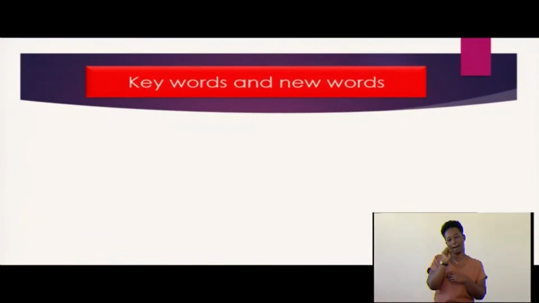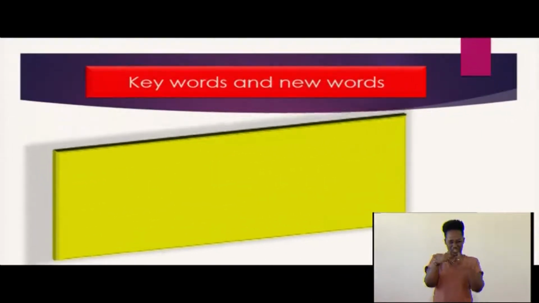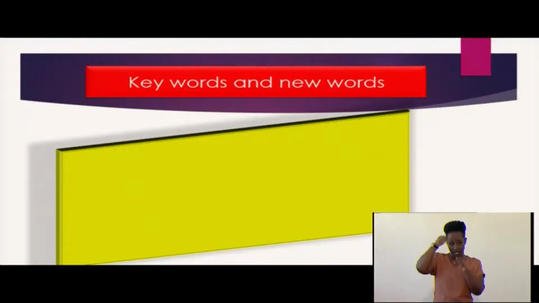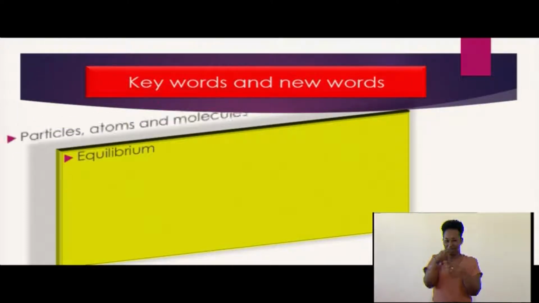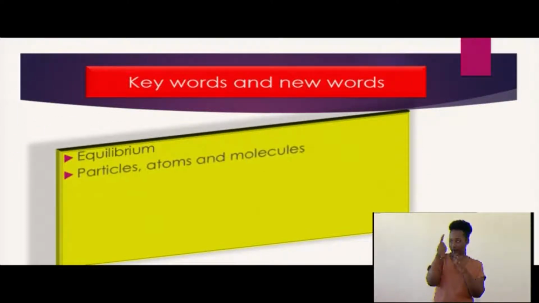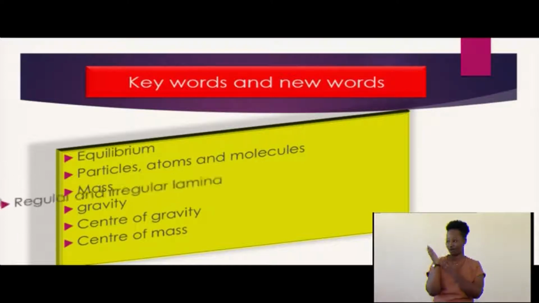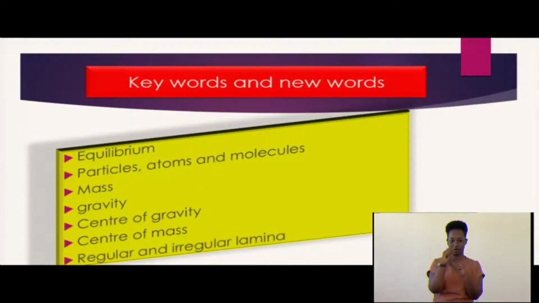Okay, let's move ahead. The key words that you are going to encounter during this lesson are, you have equilibrium, okay? You have particles, atoms, and molecules. Those are new words. You have mass, you have gravity, you have center of gravity, you have regular and irregular lamina and center of mass.